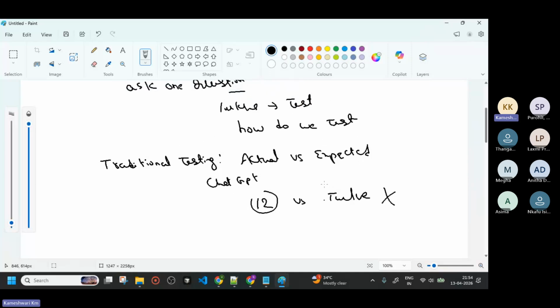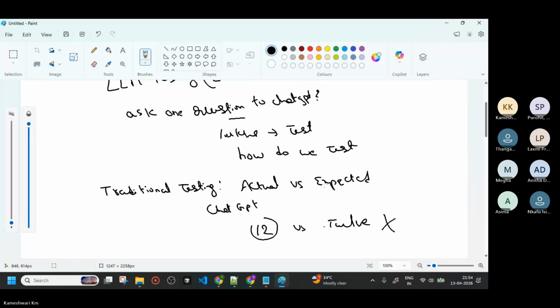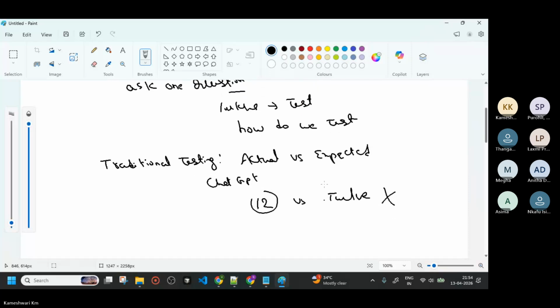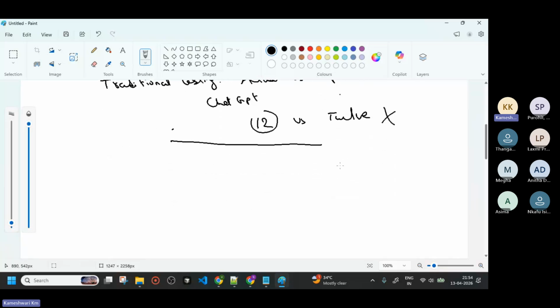Till now, any doubts? Okay, I can give another simple example, and we can start from tomorrow on how we are going to do it. Mainly, with LLM testing we are going to test the behavior.